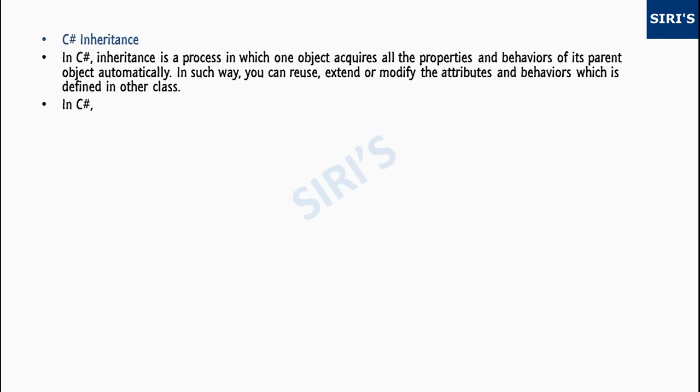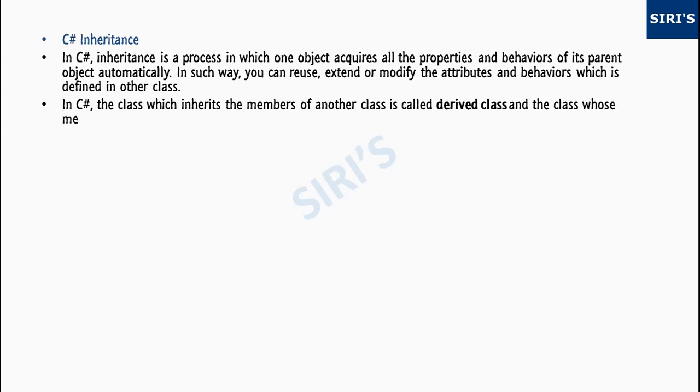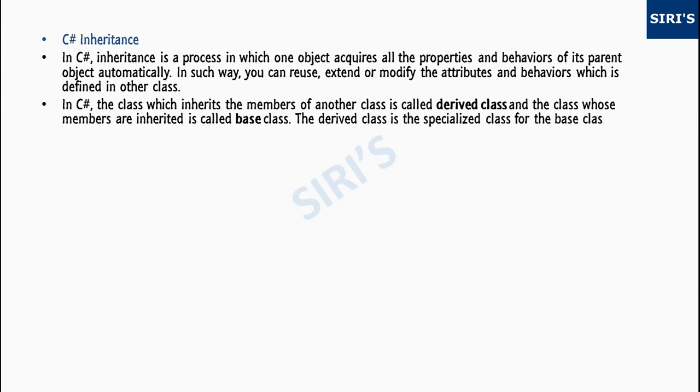C# inheritance is a process in which one object acquires all the properties and behaviors of its parent object automatically. In such a way, you can reuse, extend or modify the attributes and behaviors that are defined in the other class.